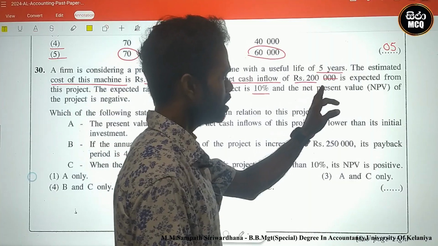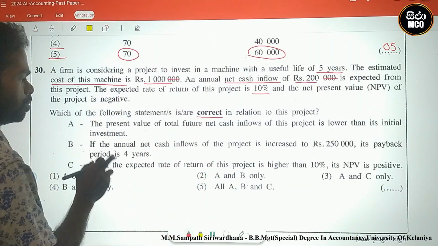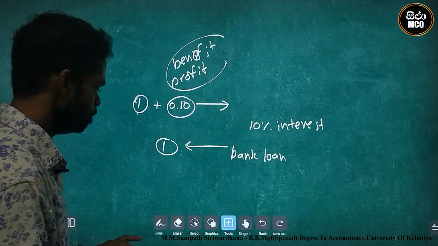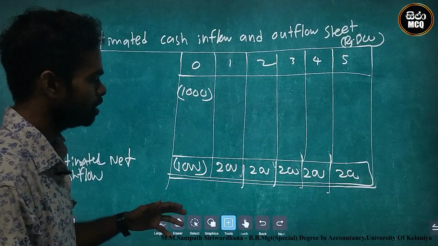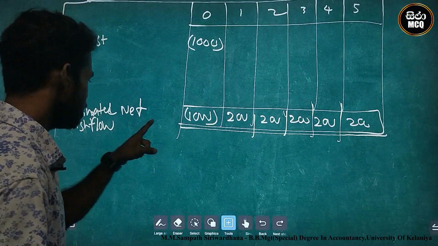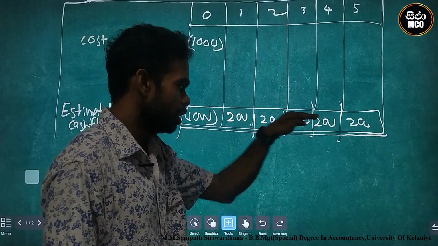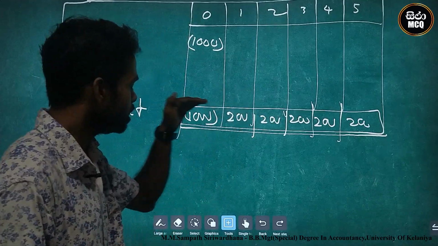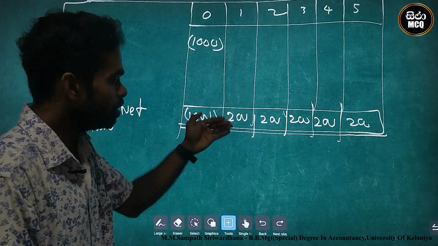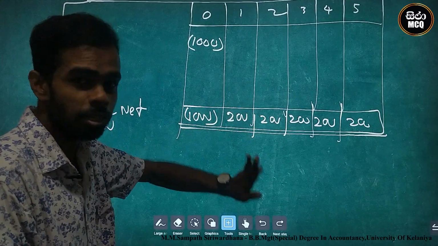Next, the net present value NPV of the project is negative. We can clearly identify this. Look here. NPV was calculated after multiplying by the discount factor. The net cash flows are 200 each, and the outflow is 1000. After multiplying by the discount factors, these cash flows are reduced.